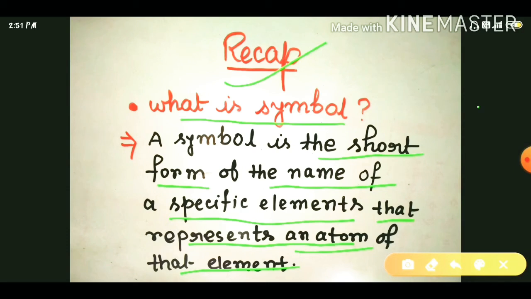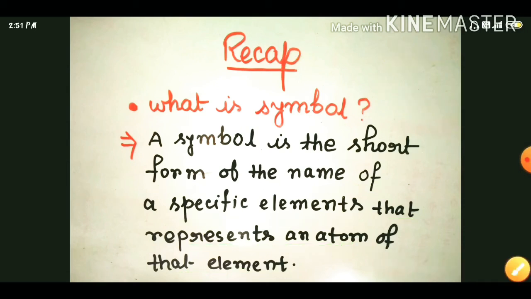It is very long, so we use a nickname, like nitrogen. Nitrogen is very long to spell, but if we represent it by N, it is very short, and this is the symbol of nitrogen, right?